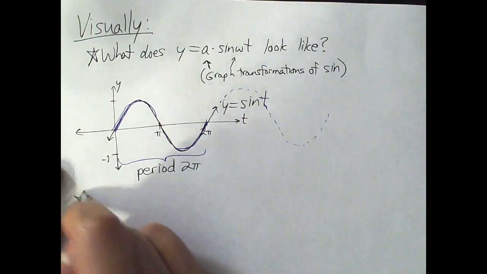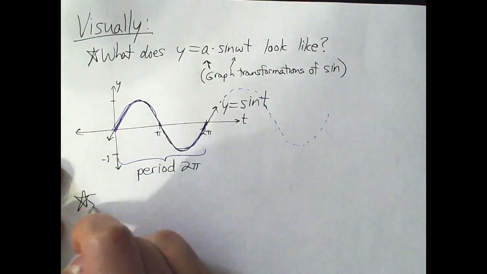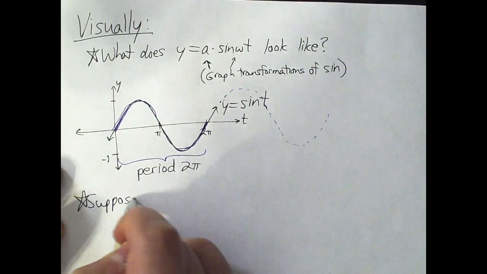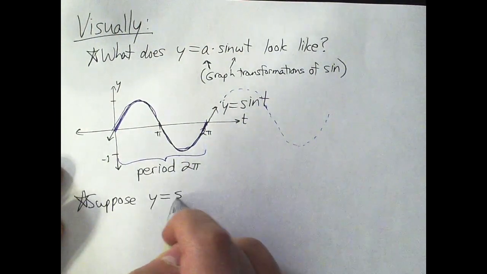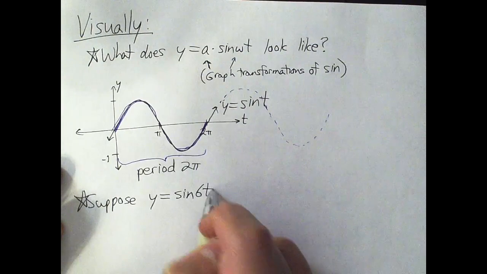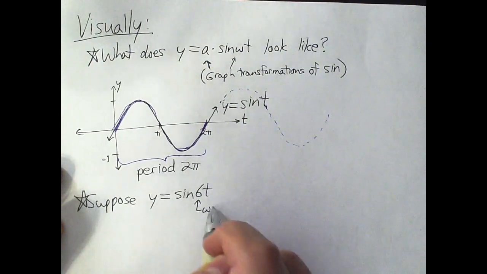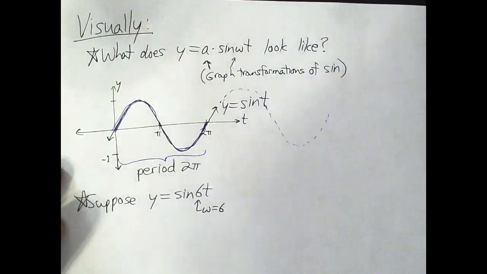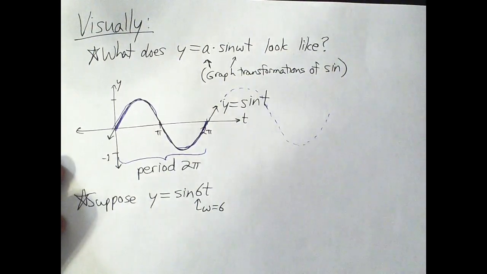So how about we suppose y equals sine of 6t, so that omega is 6 in this case. Well, we'll draw a picture of this.